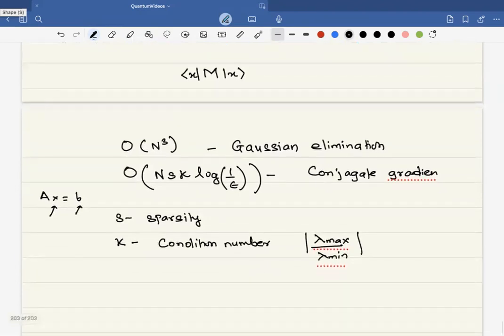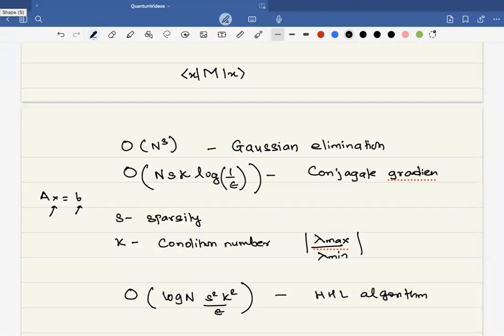And so for the HHL, it is order of log n, s squared kappa squared over epsilon. This was the original complexity; it has been further improved now, but I'll just give you that. So this is for the HHL algorithm.